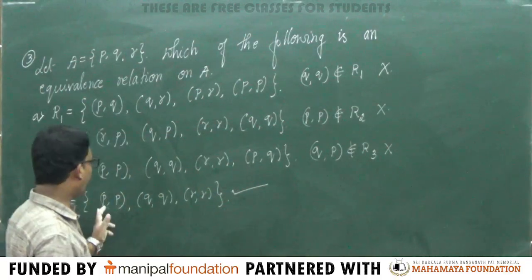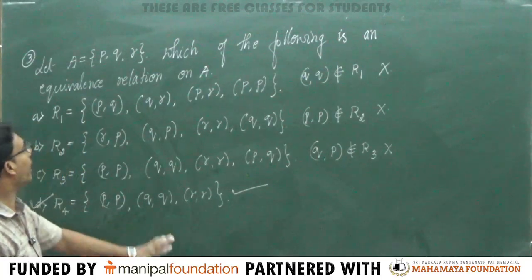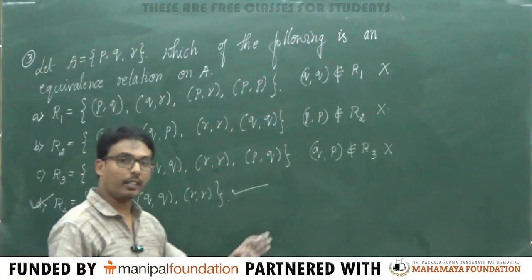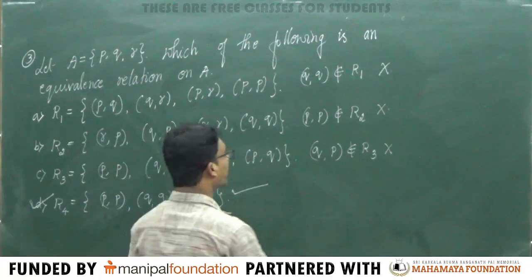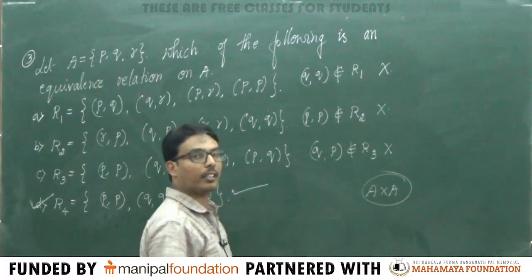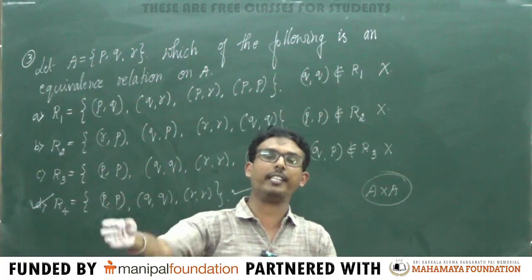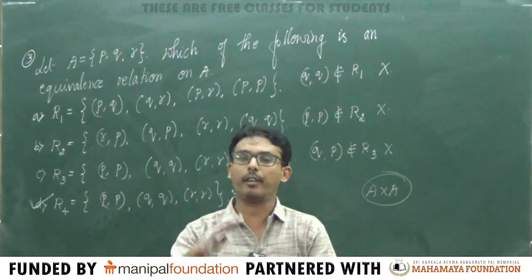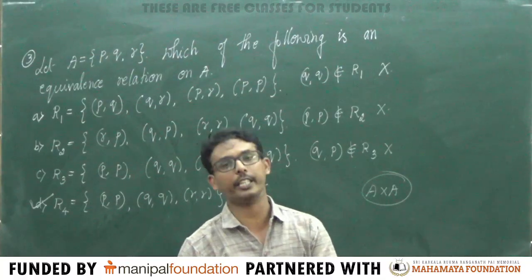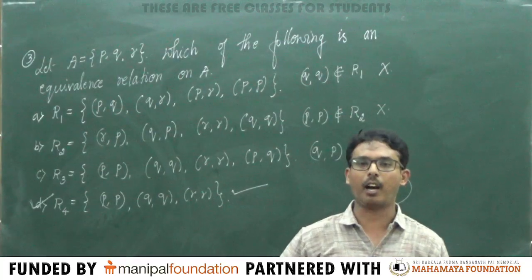Therefore, here (P, P), (Q, Q), (R, R) is the smallest equivalence relation for the given set A. And the largest equivalence relation is nothing but the Cartesian product of the set with itself. The collection of all the reflexive pairs for each element of a given set will be the smallest equivalence relation. Therefore, for this problem the correct answer is R4.